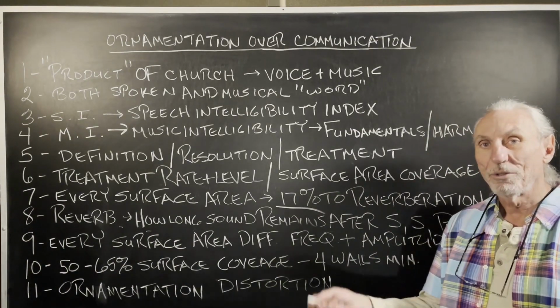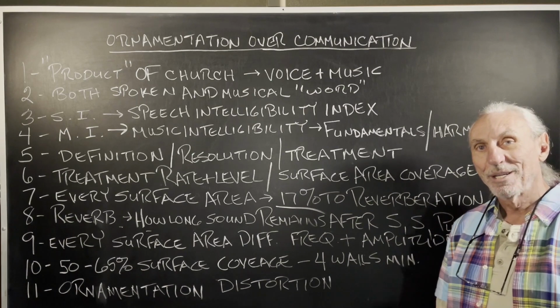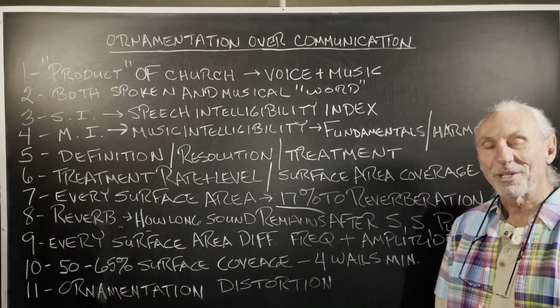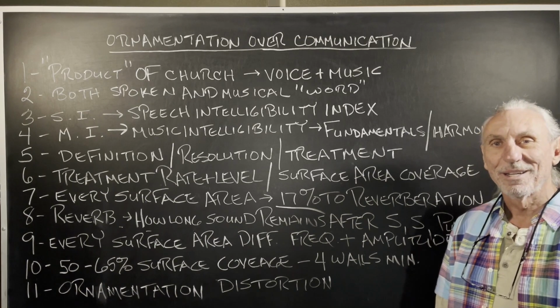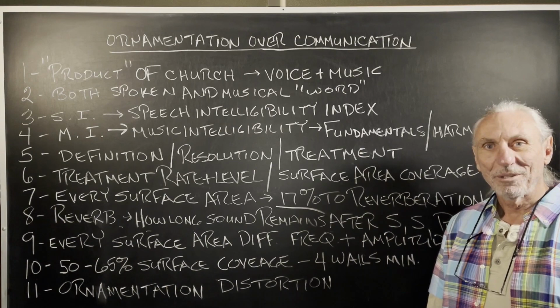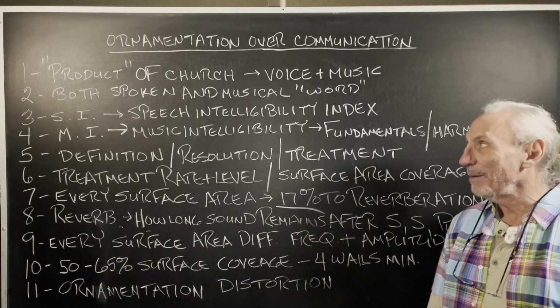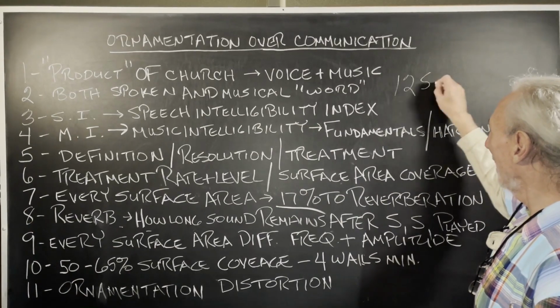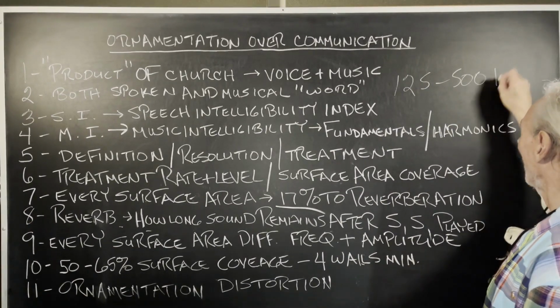I see all these photos of churches, they have 1-inch thick probably panels filled with building insulation. 1-inch thick, it's not going to do anything. Below what, 3,000, 3,500? Well, that's not where the problem is. With reverb, the problem is 125 to 500 hertz.